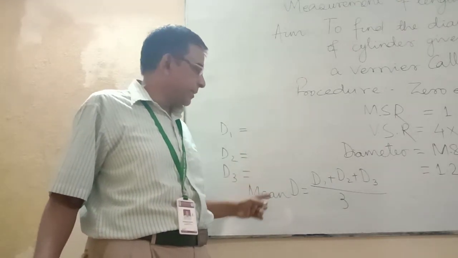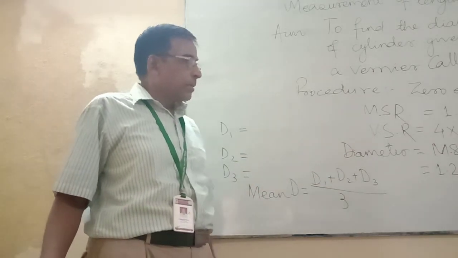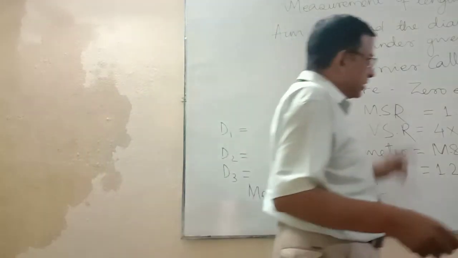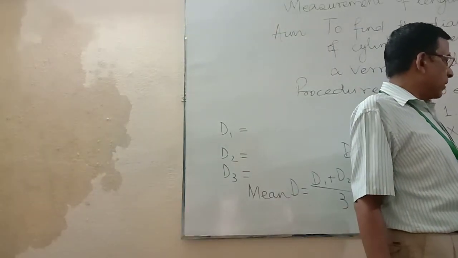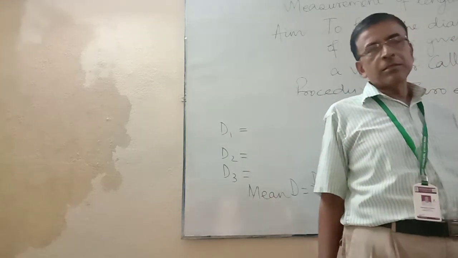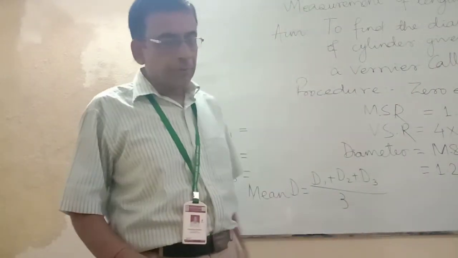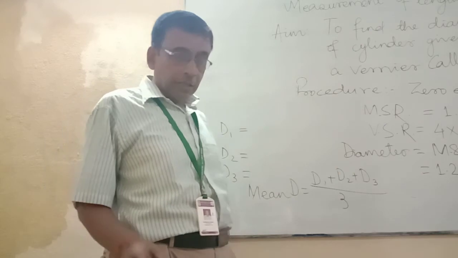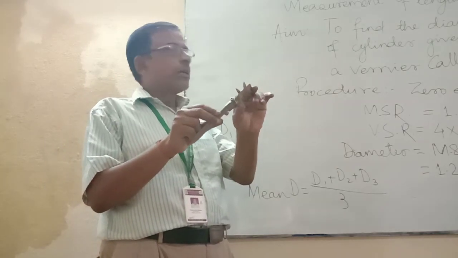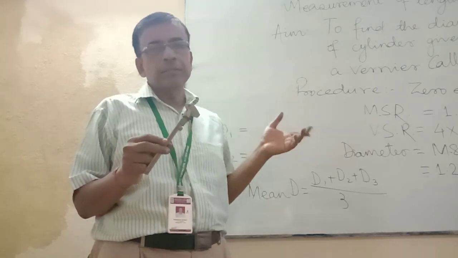Result means diameter is say 1.24 centimeter. Suppose somebody has written in this experiment 1.25 to 1.3 like this, then it means that you have not done the experiment, because whenever you are using this, it must be having a number with decimal up to 2 places.